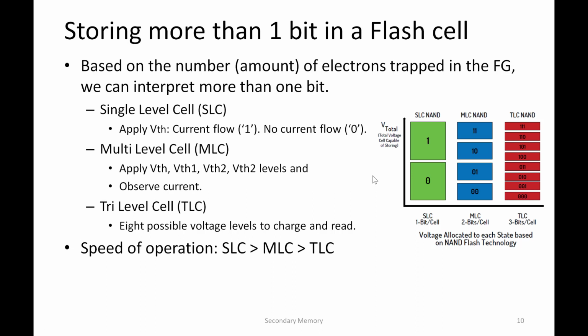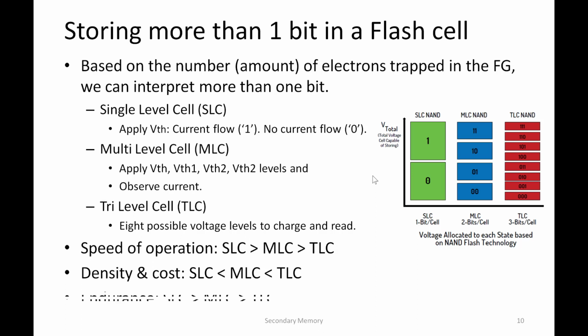As you might have already guessed, the speed of operation of a single level cell is better than multi-level cell, which is in turn better than TLC, because we need to measure finer levels of the voltages. Coming to density and cost, single level cell has the lowest density and TLC has the highest density.